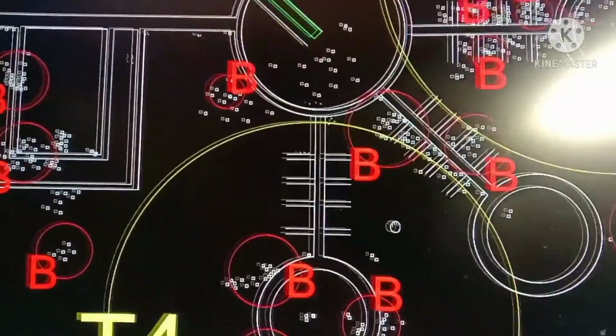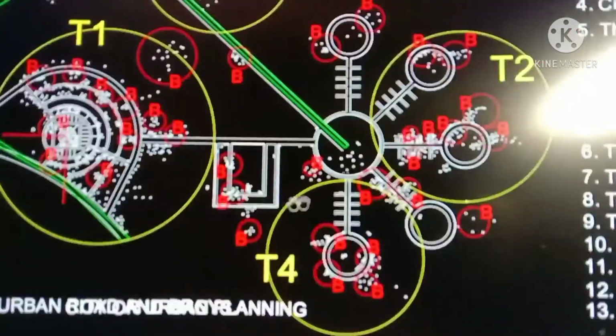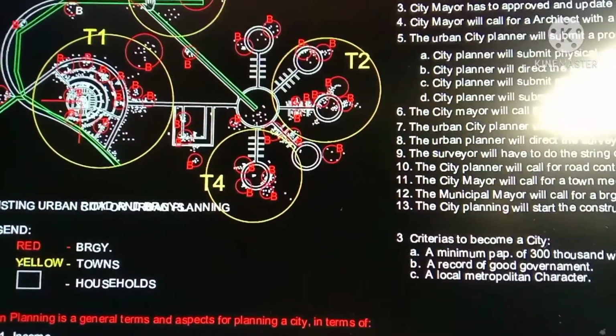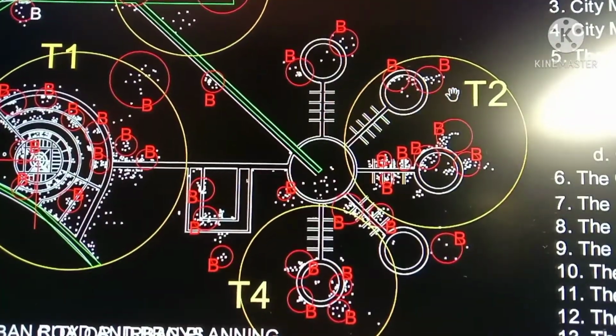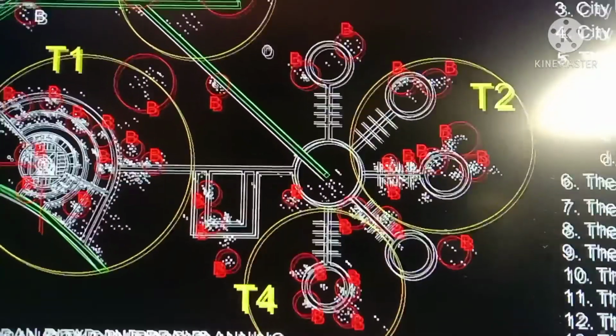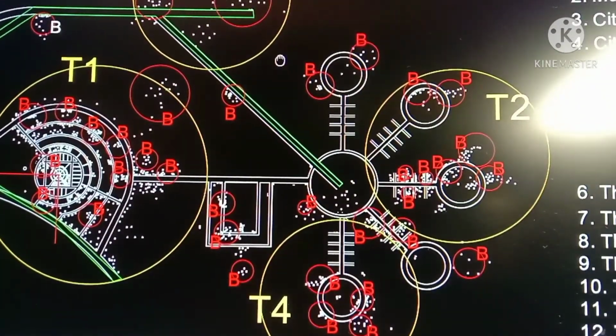Okay, so as you said, here is already all relocated. And what happened to the roads? Okay, once all the inhabitants have been relocated, they will have to continue the markings and construct the roads. So how?